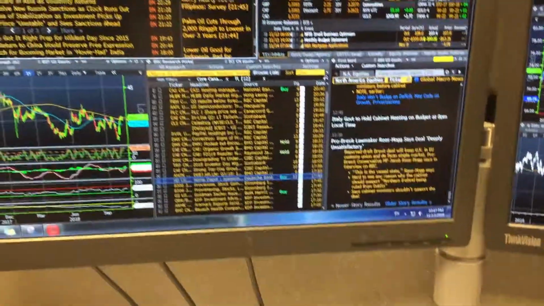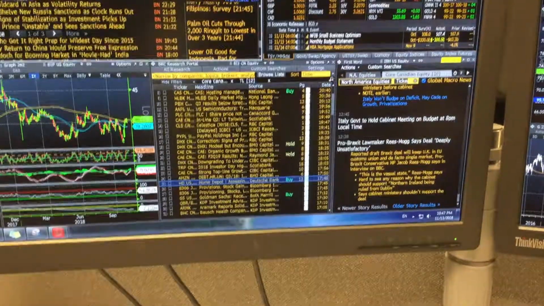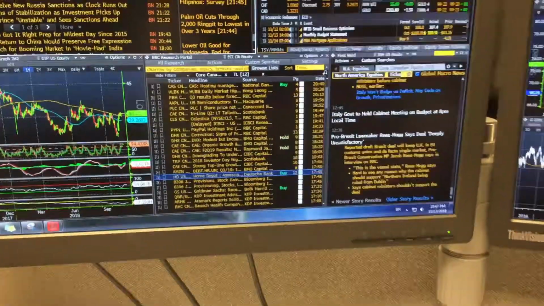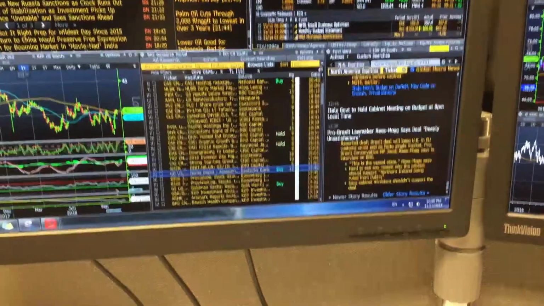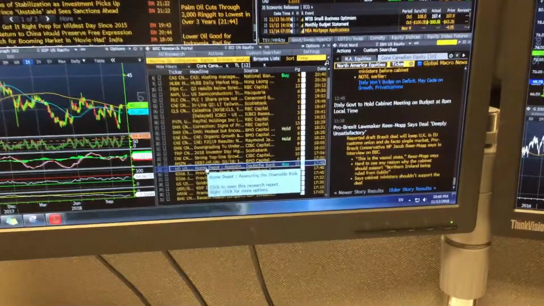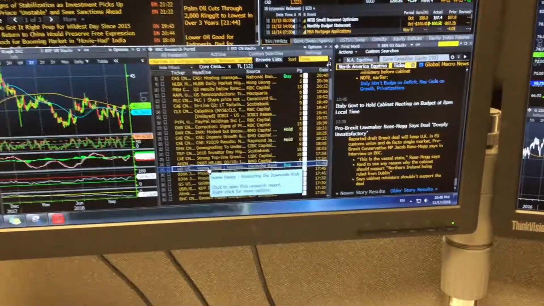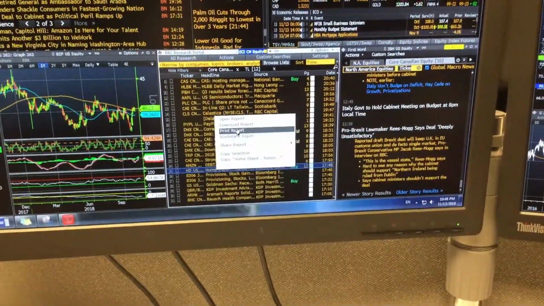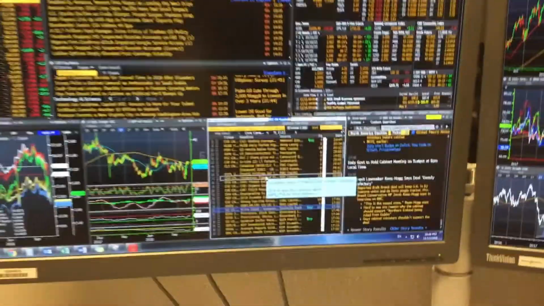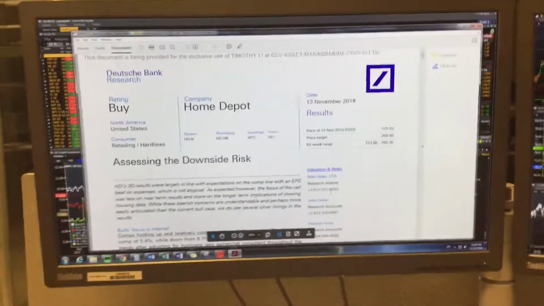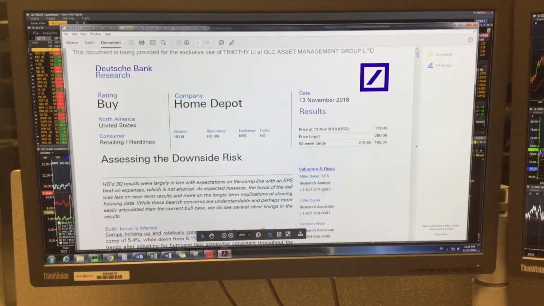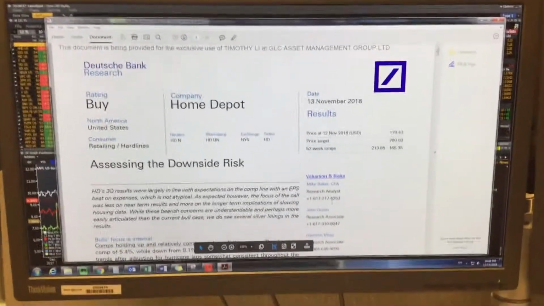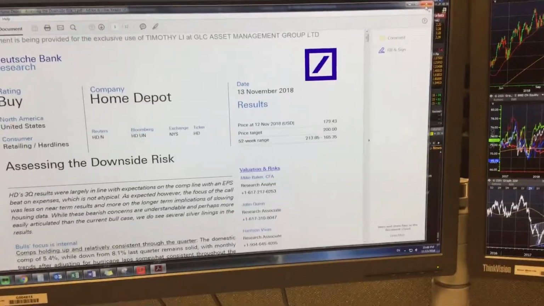Right here is your sell side research. So guys who publish research notes or reports on specific companies as they progress through time. I'll just pull one up for you guys. This would be one by Deutsche Bank on Home Depot. Home Depot recently reported, so they just updated their thesis on the company.